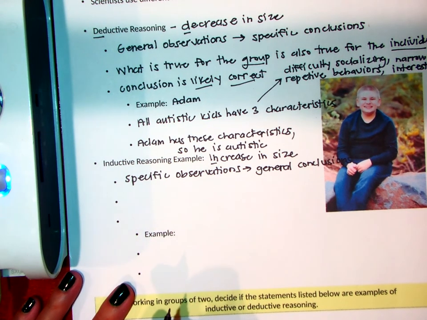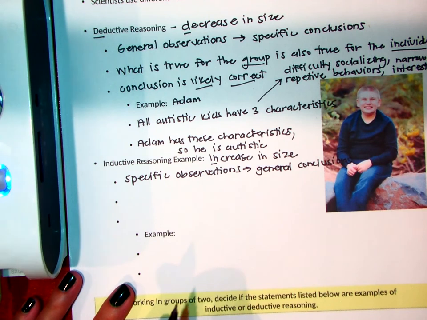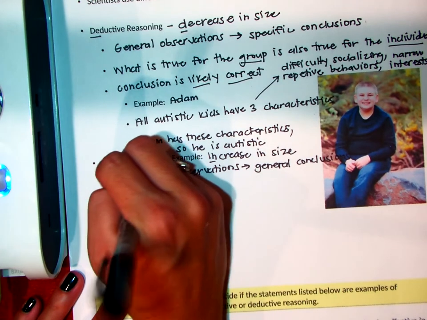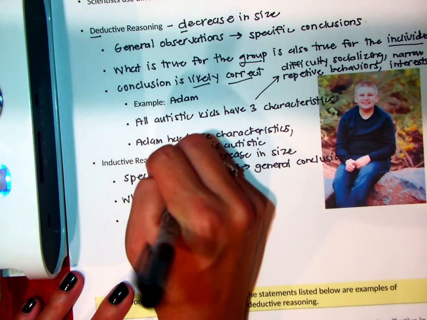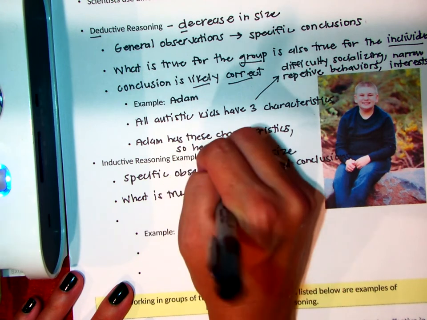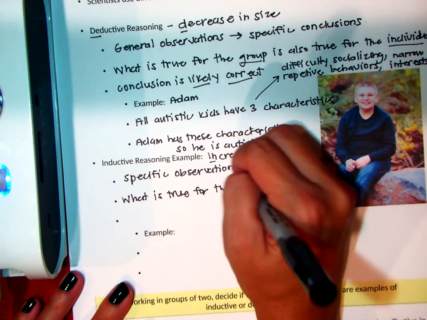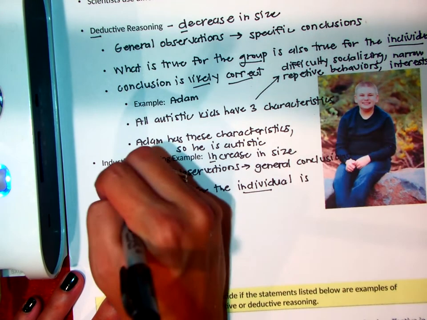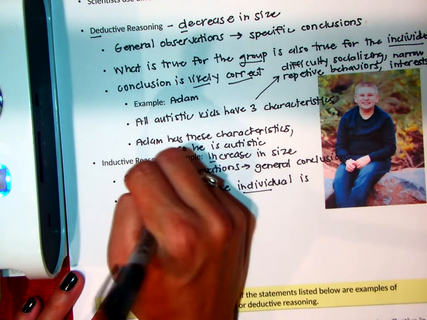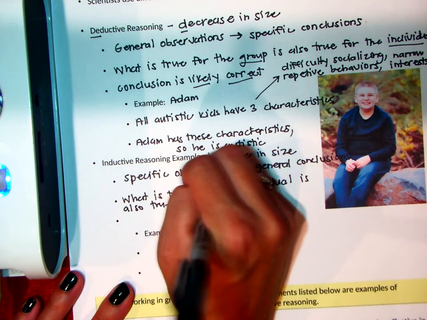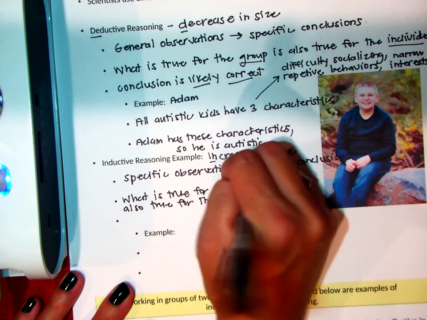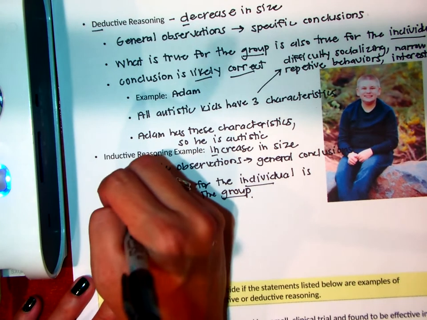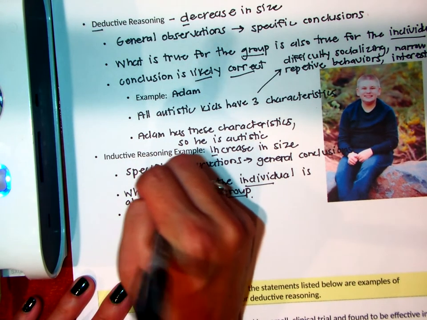So this is saying that what is true for the individual is also true for the group. So kind of backwards from what we set up here. And with this one, the conclusion may be incorrect.